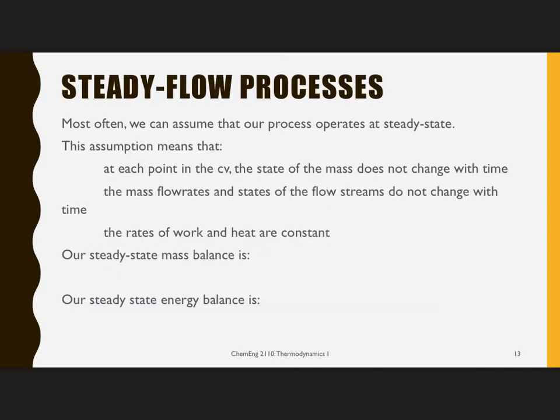But for our steady flow processes, we have developed some formulas. The material balance, when you do not have an accumulation component, is that the mass flowing in is equal to the mass flowing out via all streams.